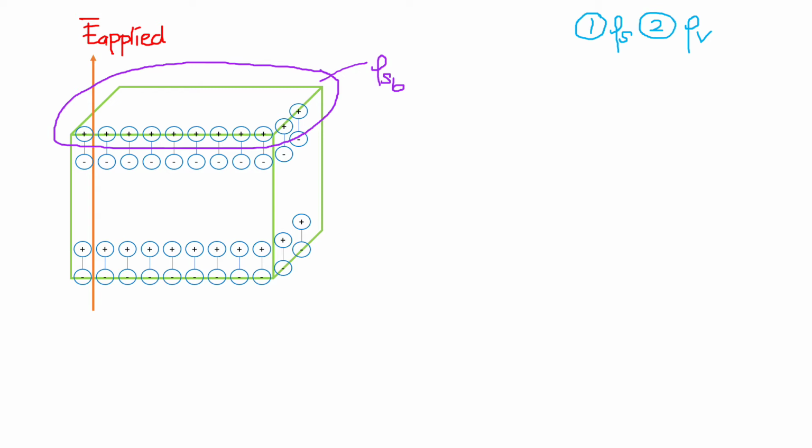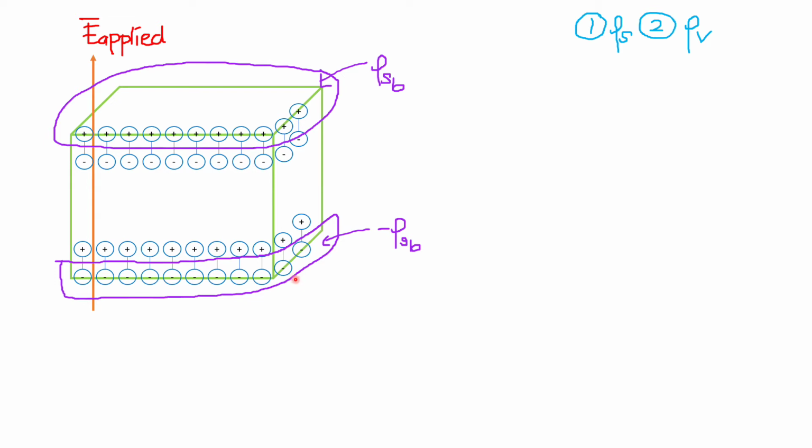And the second one, let's take a look at the bottom part, where we can see that the negative charge is at the surface. So here we are going to write negative rho SB. Now we have the positive rho SB at the top and the negative rho SB at the bottom part.